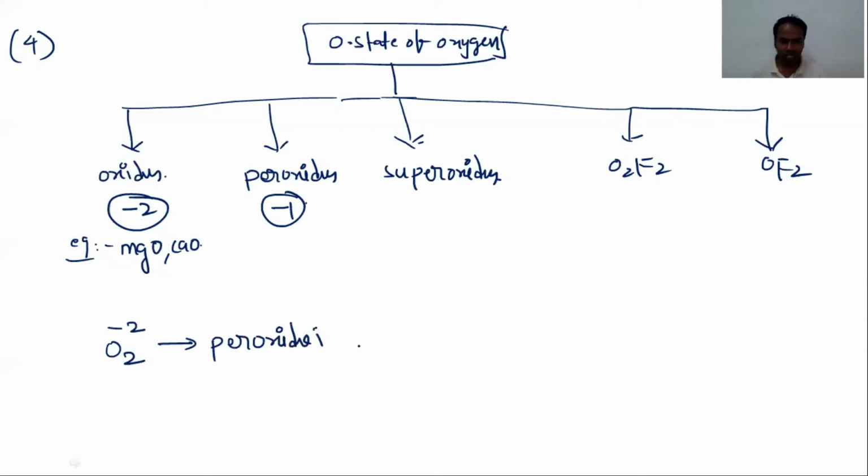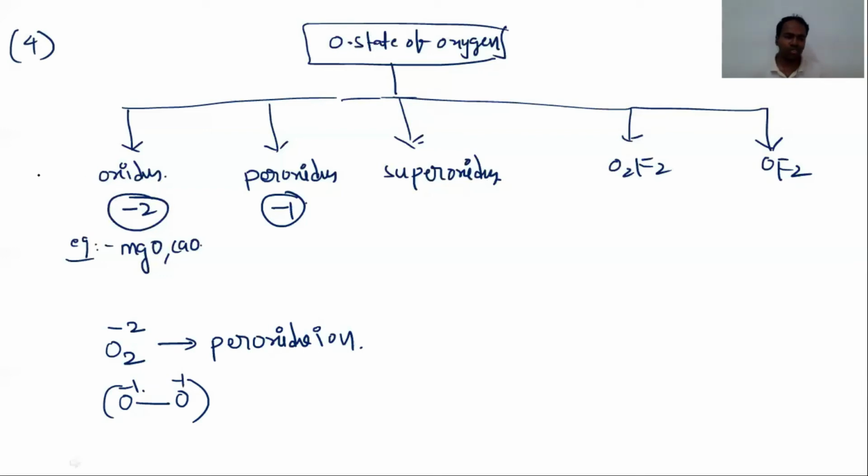For 2 oxygens, -2. For 1 oxygen, what is the charge? -1. In O2 -2, there is a bond between two O's, that is called the peroxy bond. Here -1, here -1.